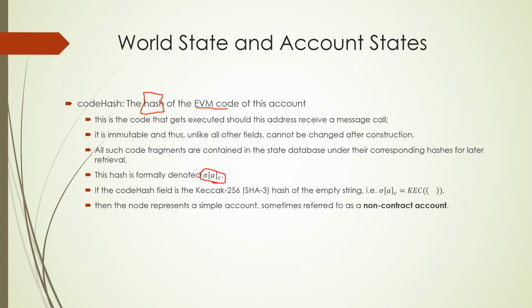Now, sometimes you want to represent a special account which we call a non-contract account. In those situations, we are going to set the code hash equal to the SHA-3 of an empty string, which is represented this way.